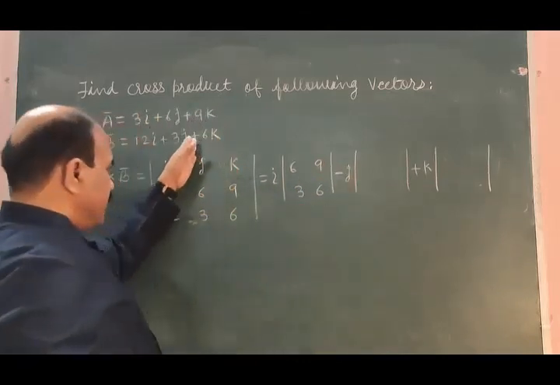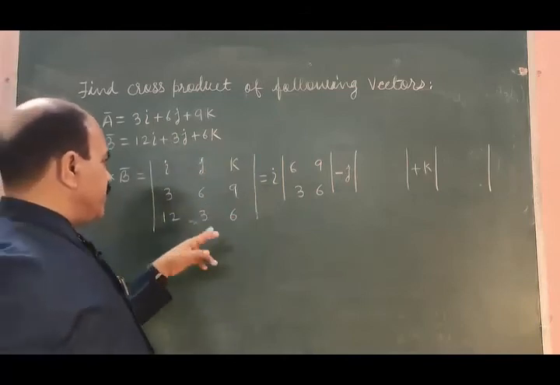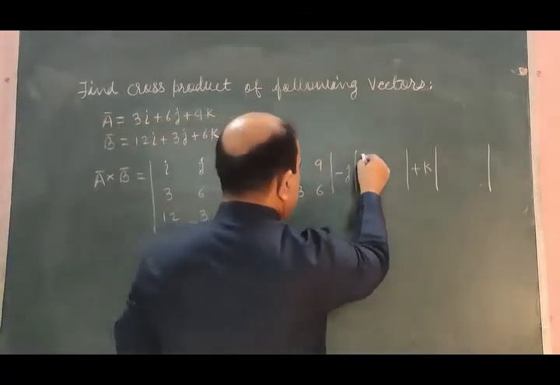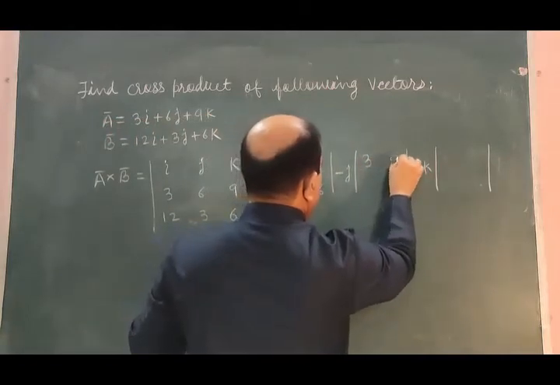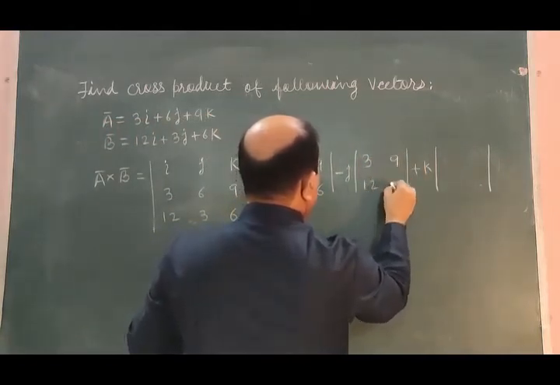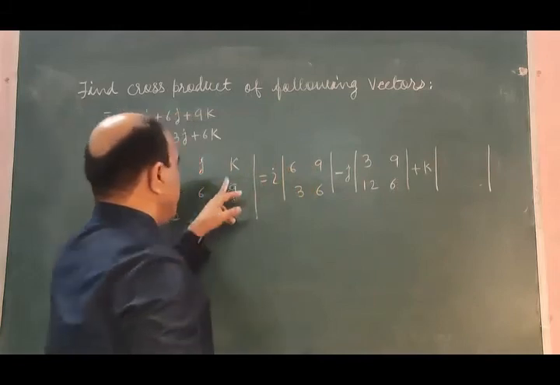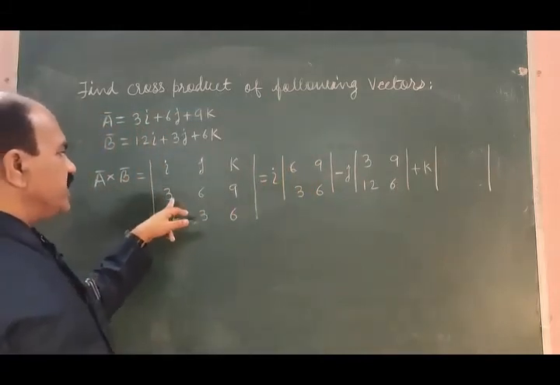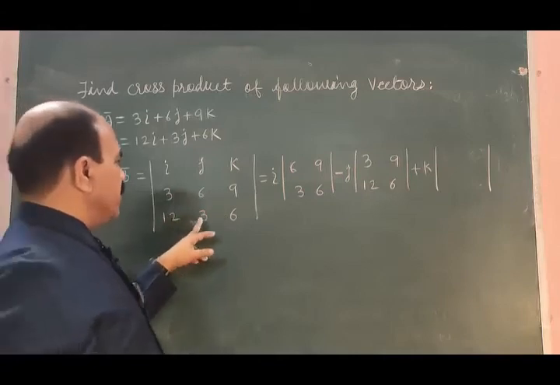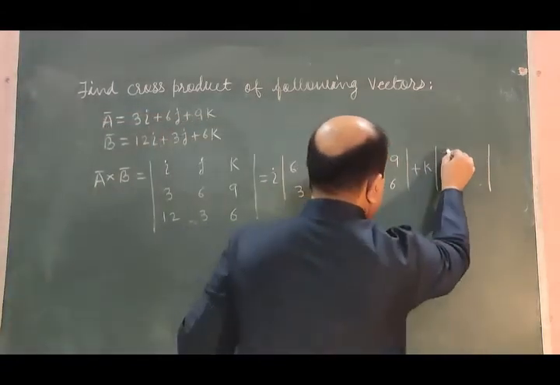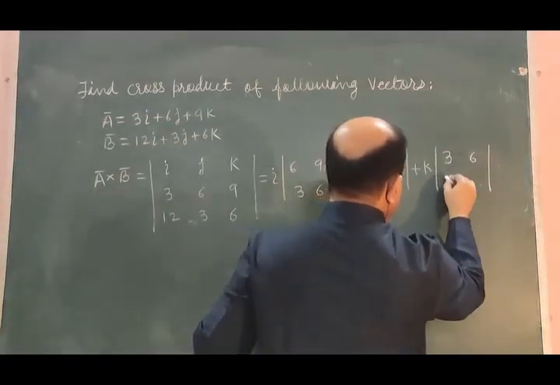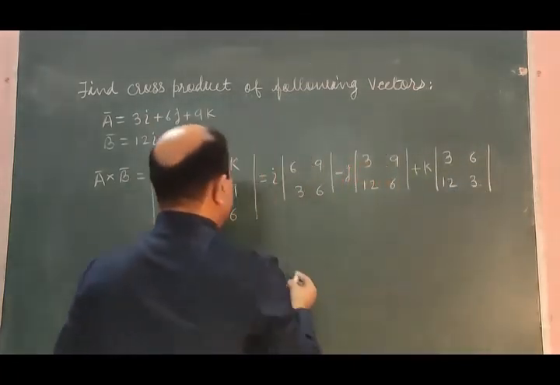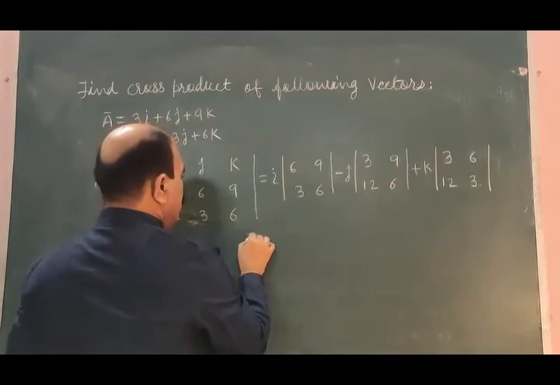Minus j, this is skipped, what is left? 3, 9, 12, 6. Plus k, this is skipped, what is left? 3, 6, 12, 3.